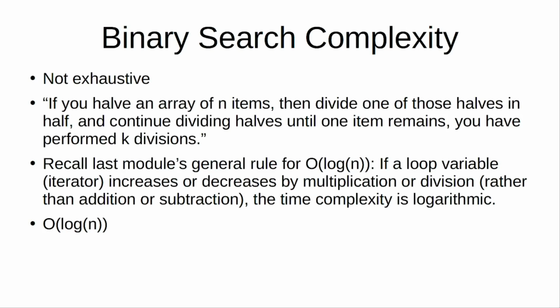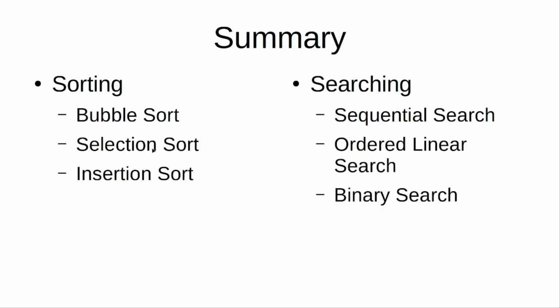If a loop variable or the iterator increases or decreases by a multiplication or a division rather than an addition or subtraction, the time complexity is going to be logarithmic. And so binary search's complexity is logarithmic. Binary search itself is fast, but it needs sorted data, and it's not exhaustive.